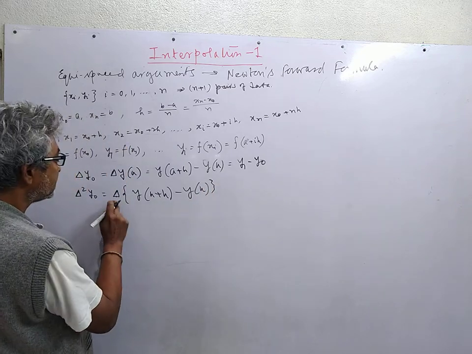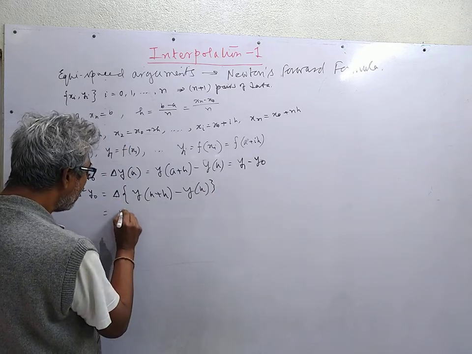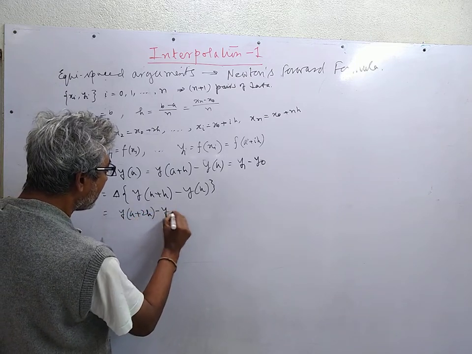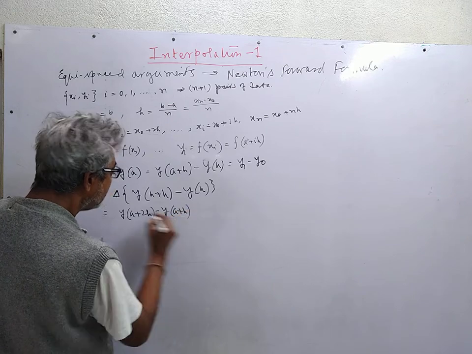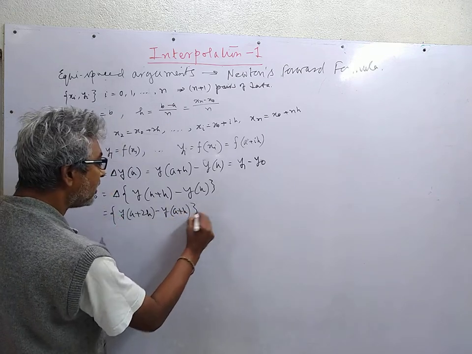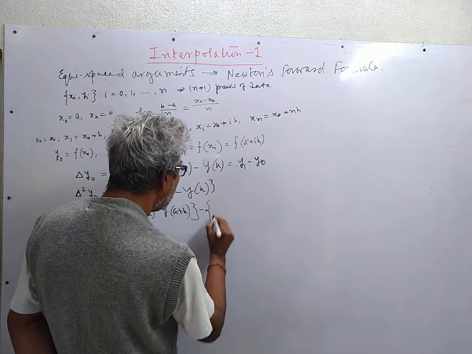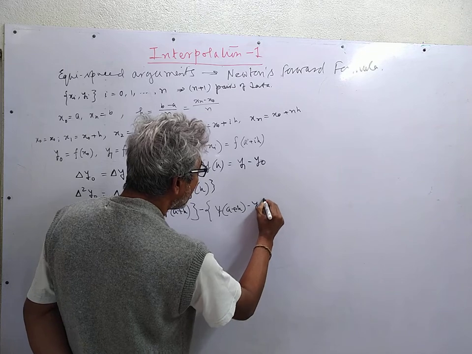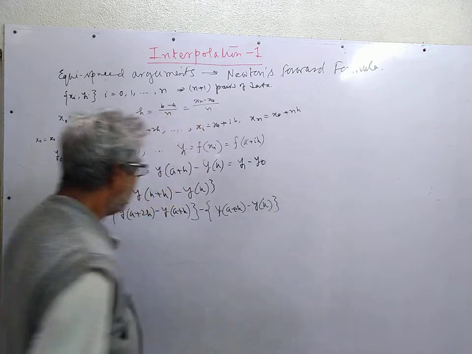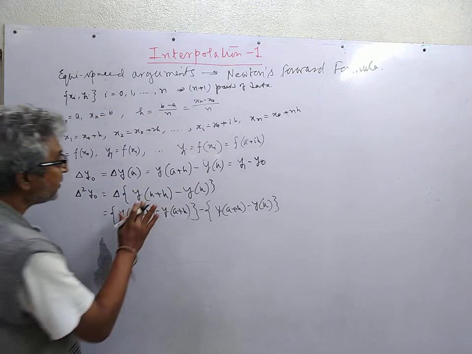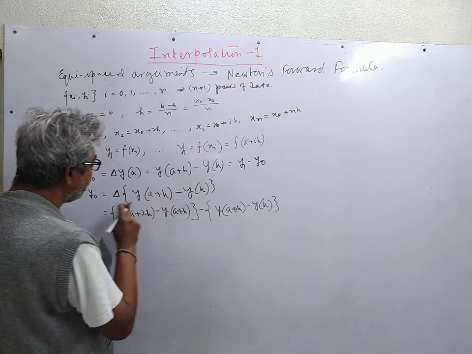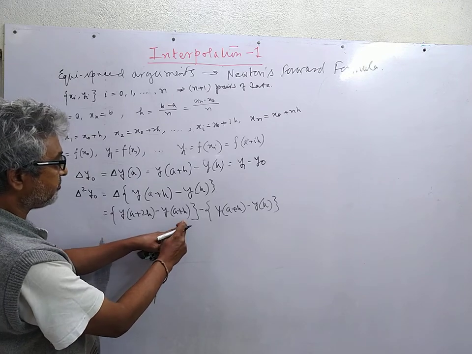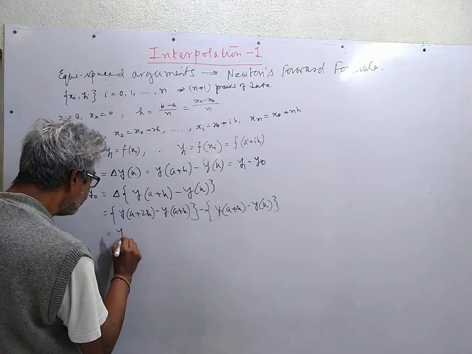If we use delta on this, it is y of a plus 2h minus y of a plus h. This is from the first term. For the second term, we have y of a plus h minus y of a. Because here the argument is already a plus h, if we operate delta, then we have a plus 2h minus a plus h.